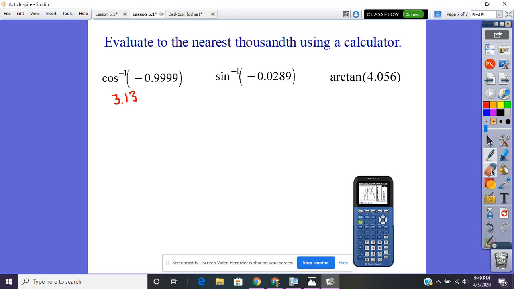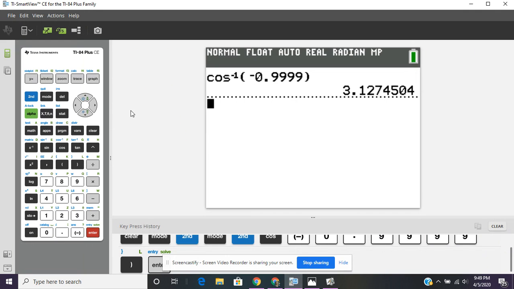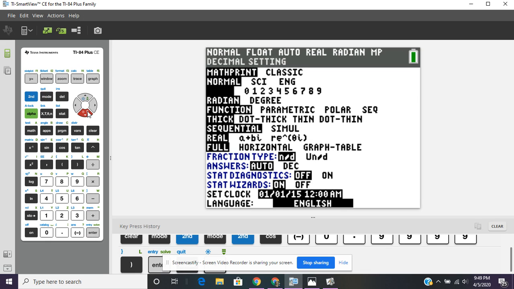So let's fix that. 3.127. And that one, like I said, is in radians. So you don't have to write radian, as long as there's not a degree symbol, you're fine. But let's say I wanted to find it in degrees. So I'm going to come down here and convert this to degrees.